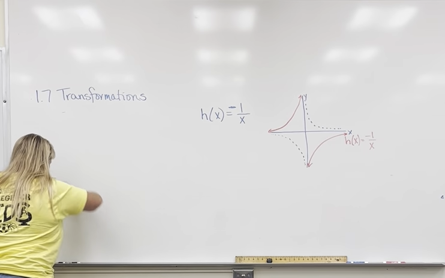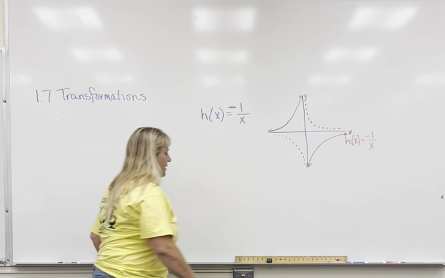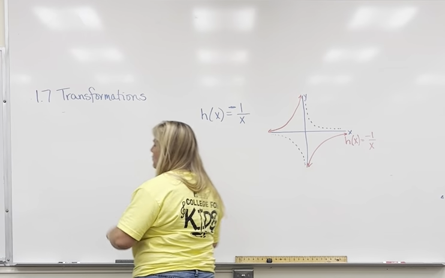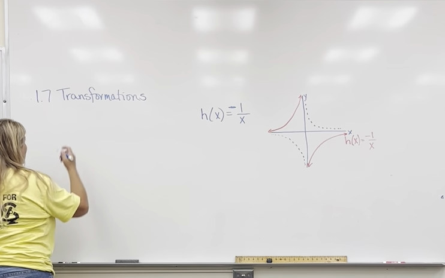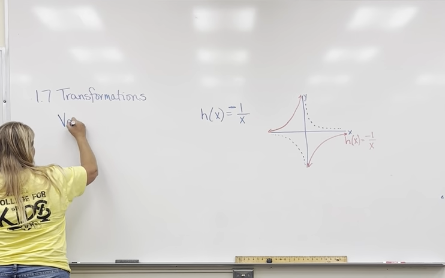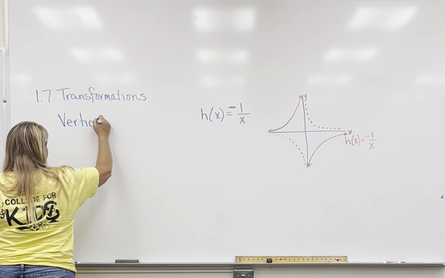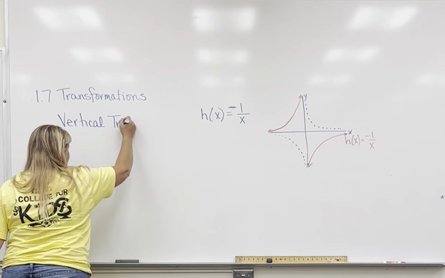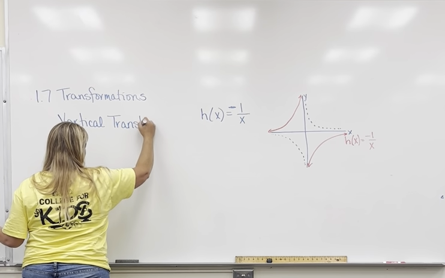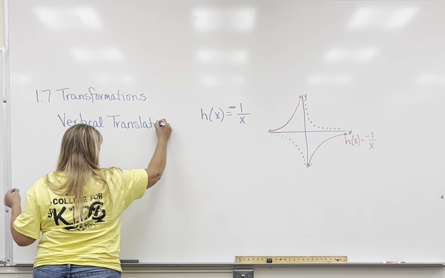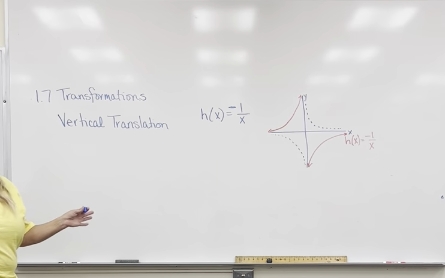I'm not quite sure why they do this at this point, but we just called them transformations, and now they change the name and call it a vertical translation. Transformation, translation, whatever, just go with it.